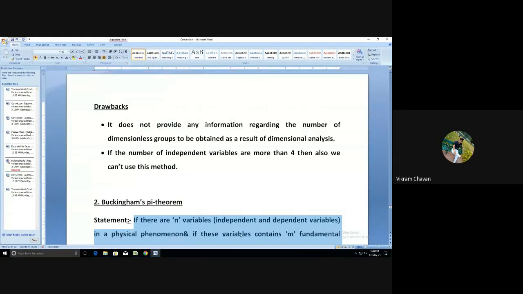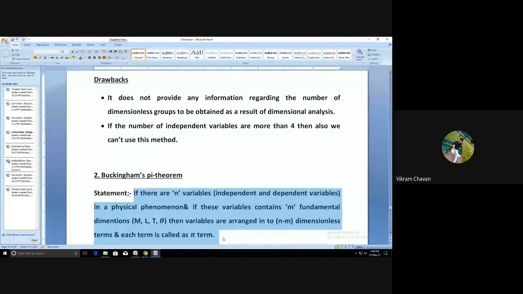So in the last lecture, we discussed Rayleigh's method, which is used to perform dimensional analysis.